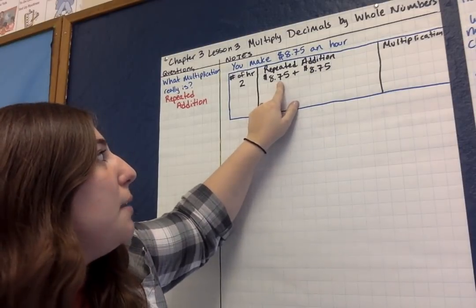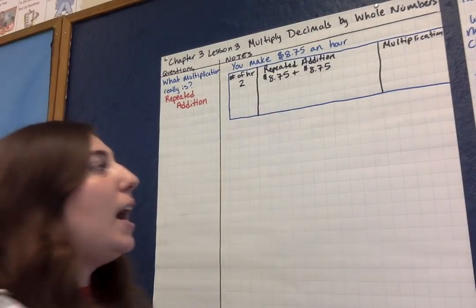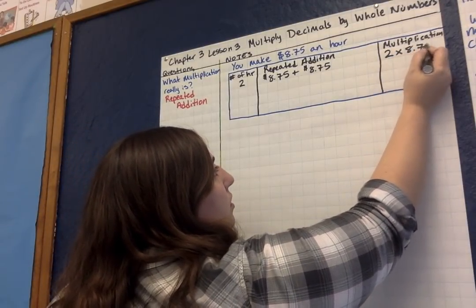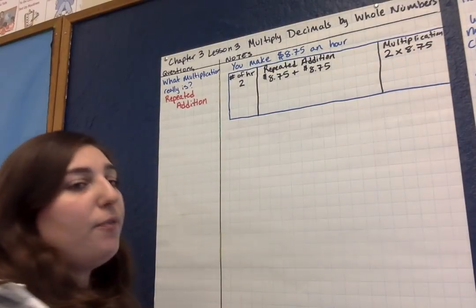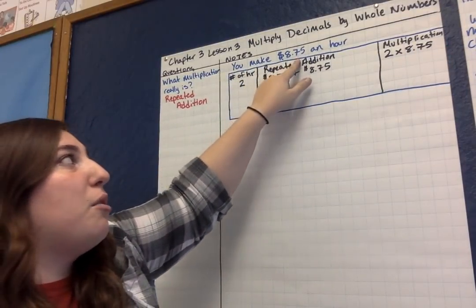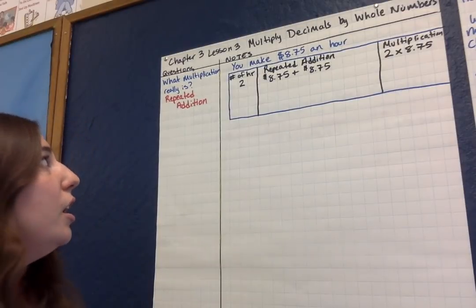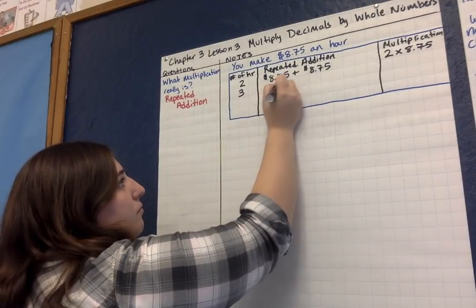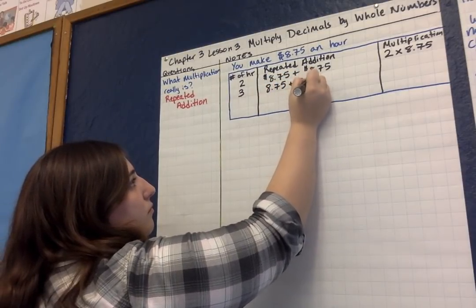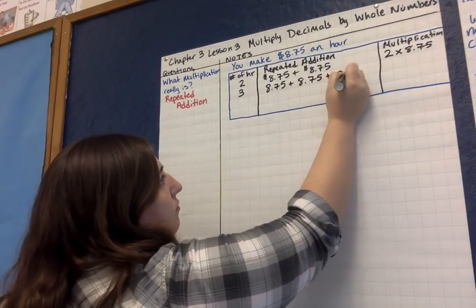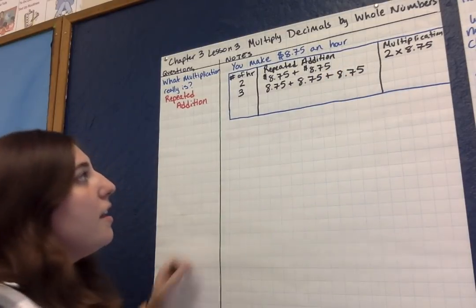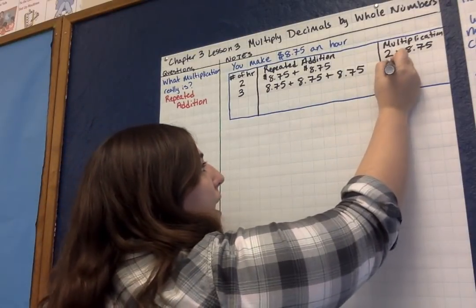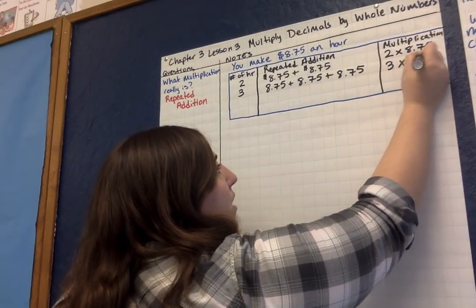So we would add those, $8.75 plus $8.75, and in the multiplication column, we would multiply those. So 2 times $8.75, because we work 2 hours, and again, each hour we get paid $8.75. So let's say you work 3 hours. Okay, that means you would add $8.75 3 times. If you're multiplying, you would multiply $8.75 by 3.